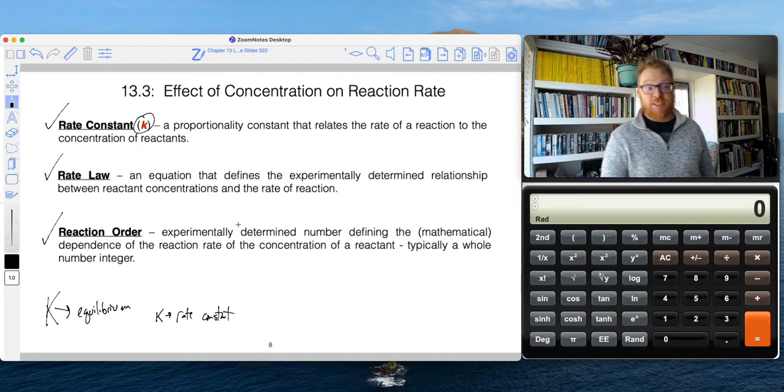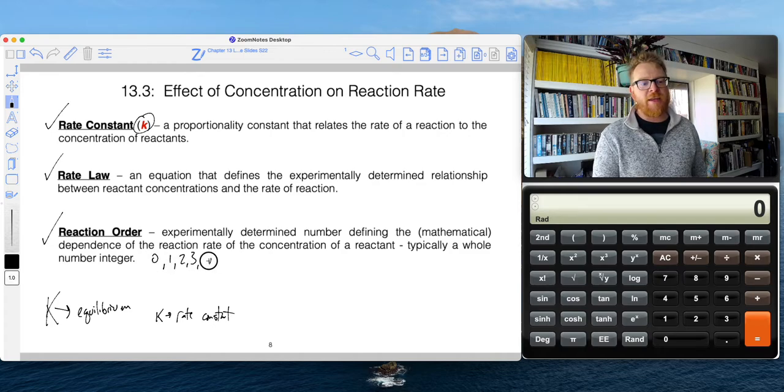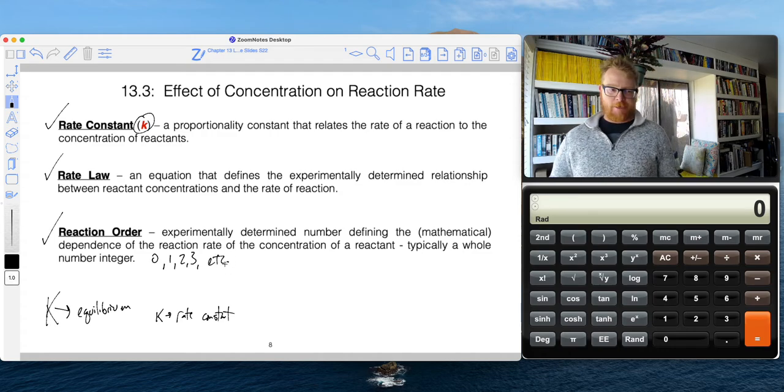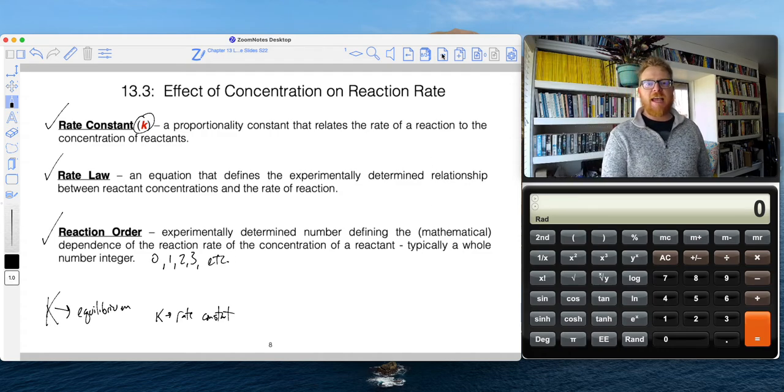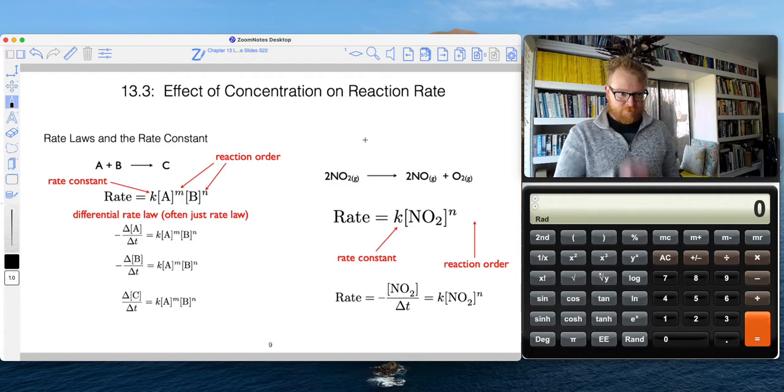This is an experimentally determined number defining the mathematical dependence of the reaction rate on the concentration of a reactant. Typically, this is a whole number integer. It can be 0, 1, 2, 3, etc. Okay? So let's see how all of this gets put together.